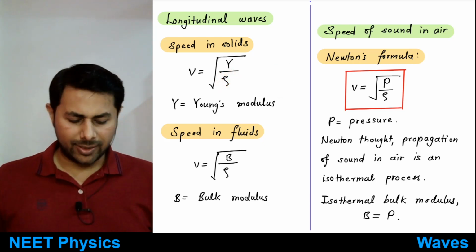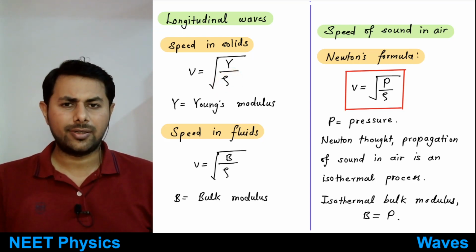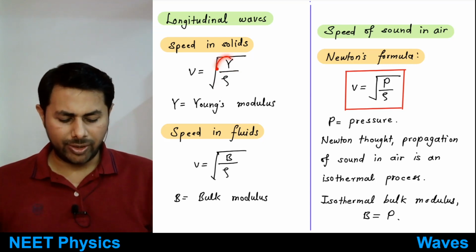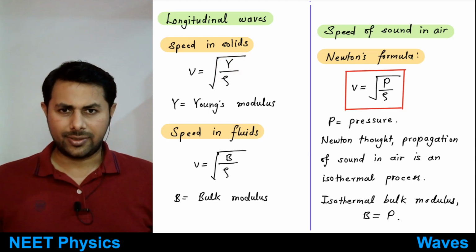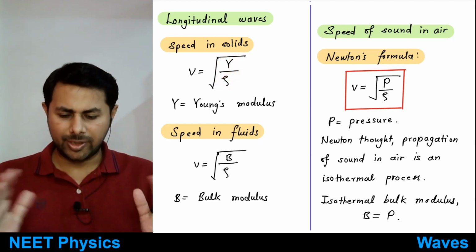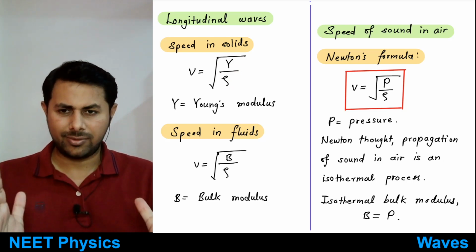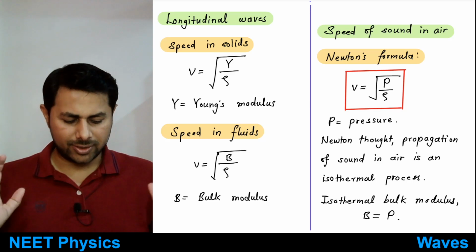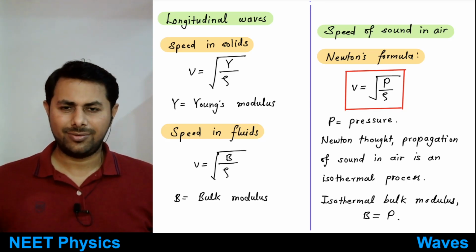The restoring factor would be the modulus of elasticity, and the inertial factor would be density, just because the compressions and rarefactions are produced in some volume. So it's good to take mass per unit volume. Is this thing clear? Yes, no?